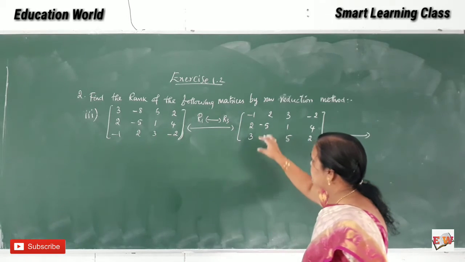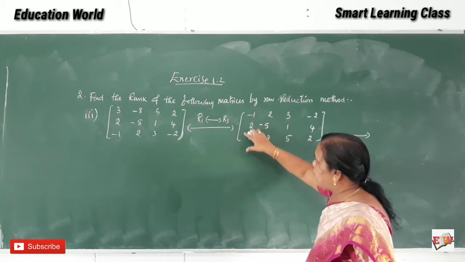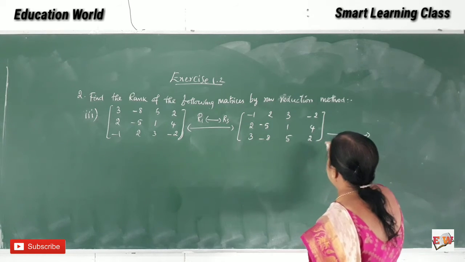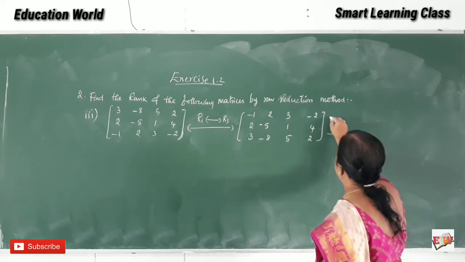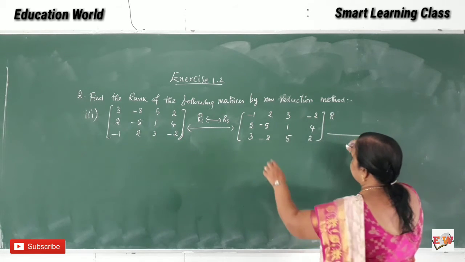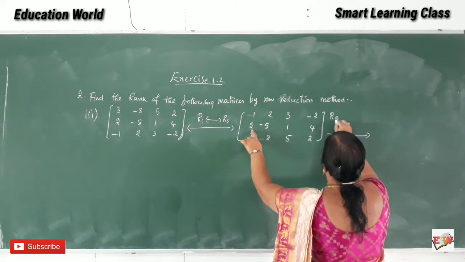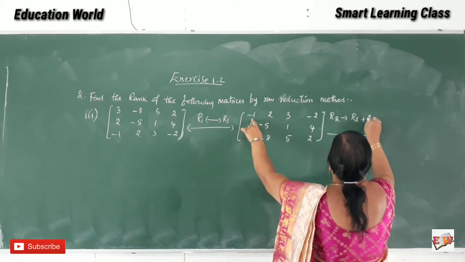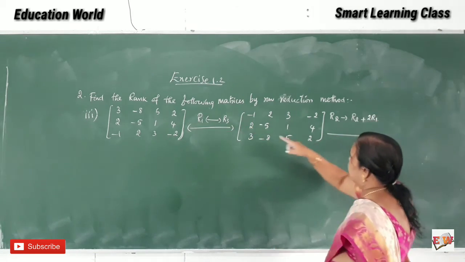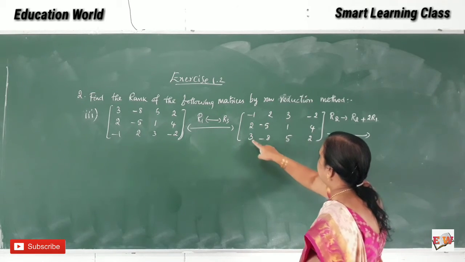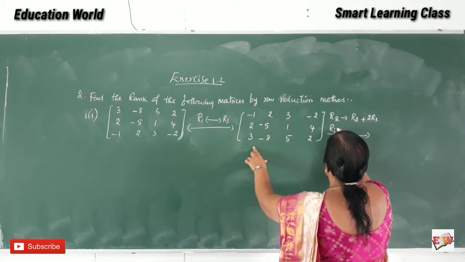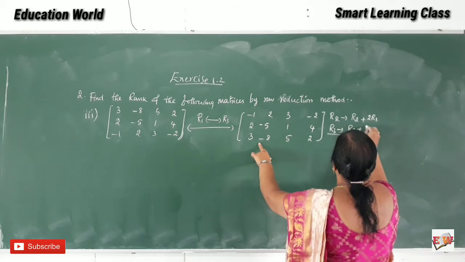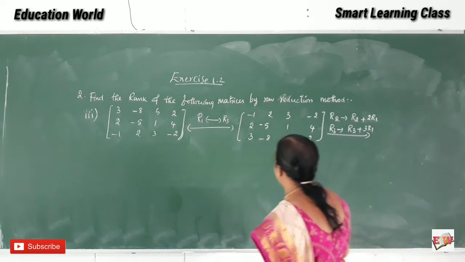Next, see what is our main aim. We should bring these 2 entries to 0 and this row should be 0. So I am going to do R2 plus 2 R1. That time we get 2 minus 2, 0. Here R3 plus 3 R1.